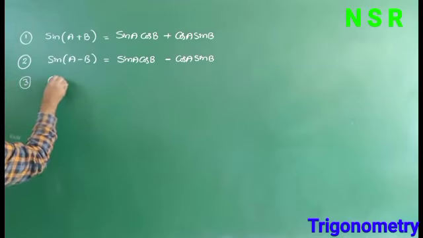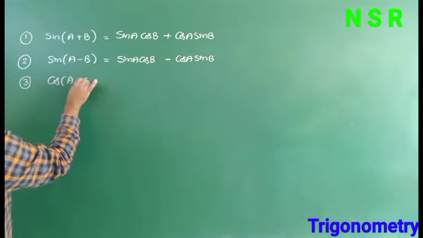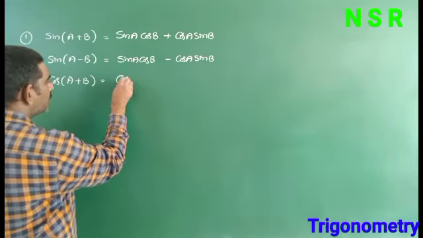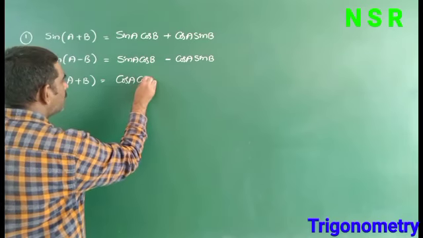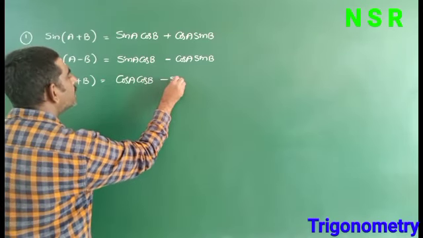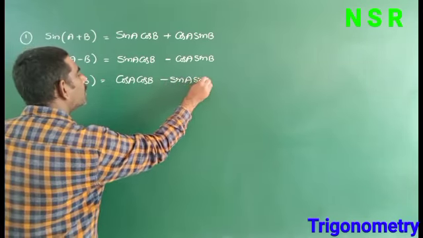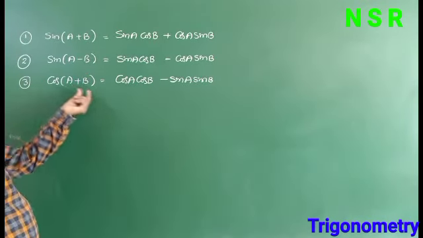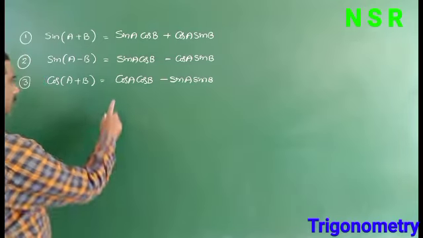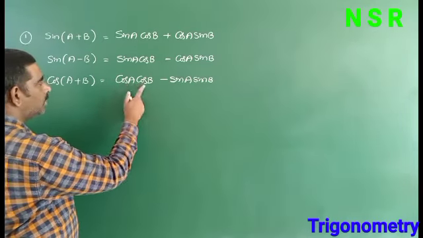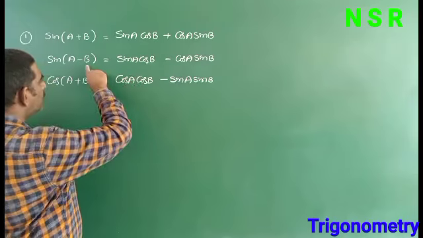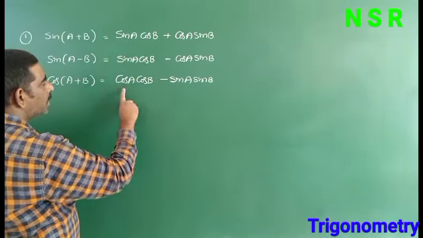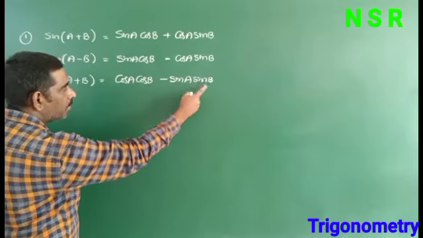Next, cos a plus b. Cos a plus b is cos a cos b minus sin a sin b. In the compound angle of cos, if we have a plus in the formula we write minus. In sin the terms are a product of sin and cos, but here it is the product of both cos and both sin.